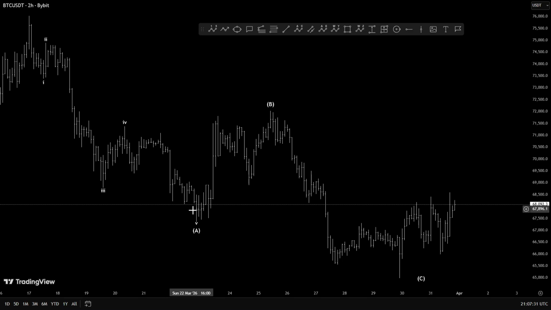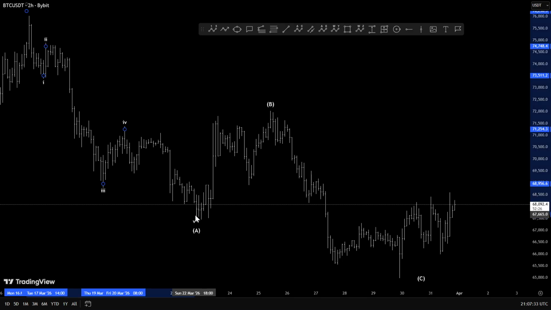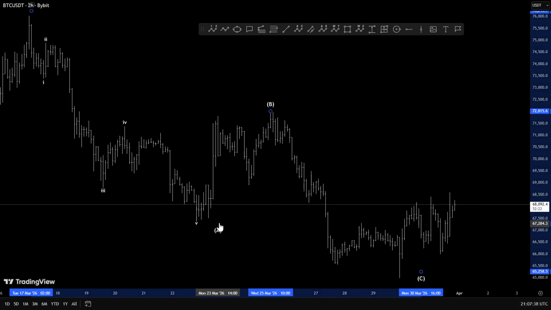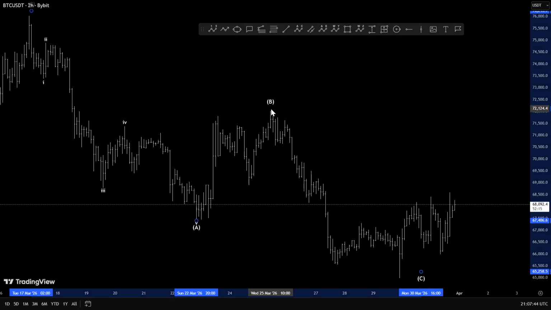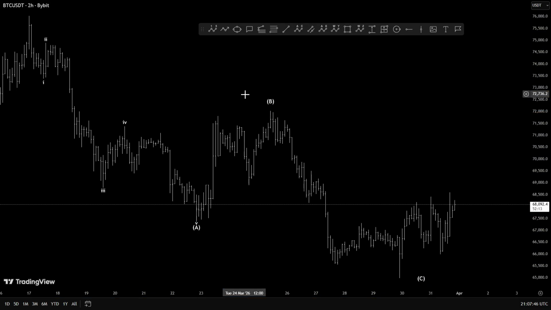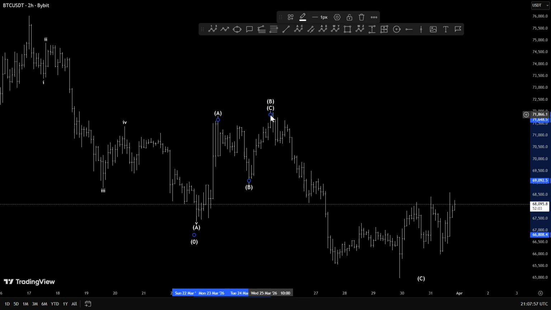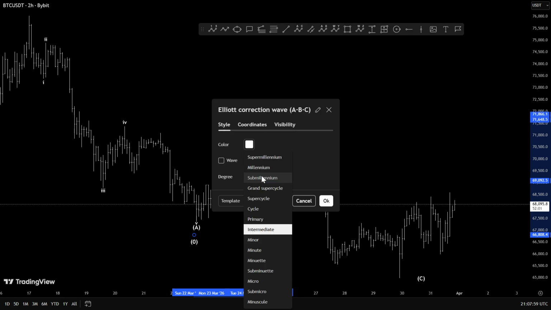This is a clean 5 wave impulse, which gives us confirmation of this wave A. And after that, we have a corrective structure, which is in 3. That is for wave B, which is A, B, and C. It's in 3.